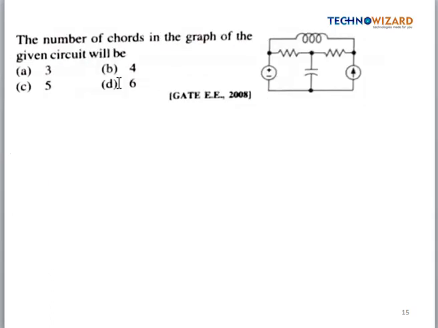Next question is: the number of chords in the graph of the given circuit. Basically they have given us a graph, and we have to calculate the number of chords. Another name for a chord is link, already explained. The formula for the number of chords or links is b minus n plus 1.